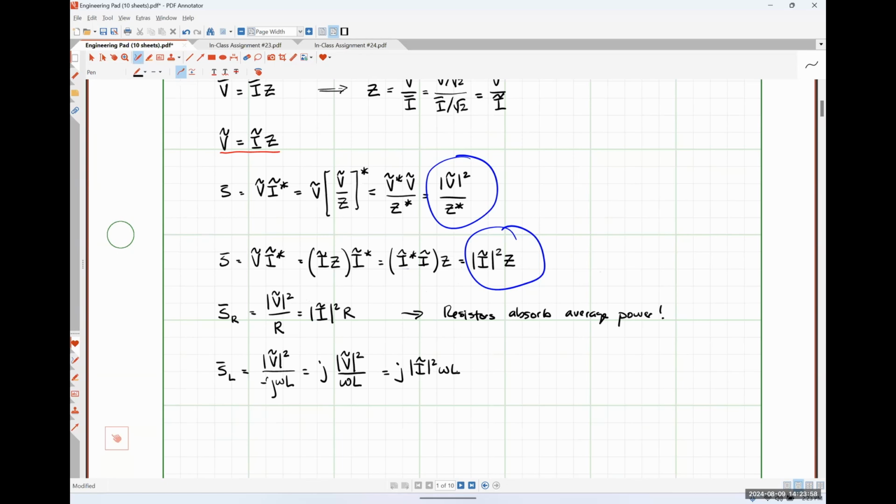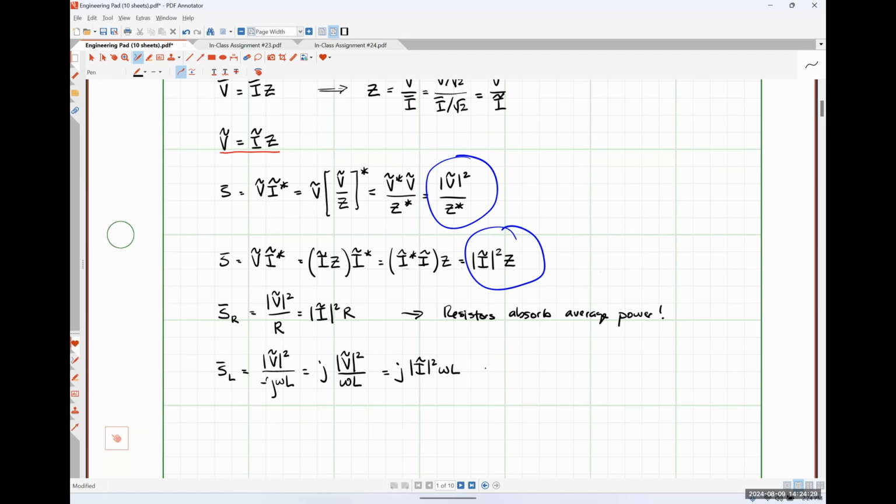Now, is it possible for us to ever get a negative number using these relationships? No, not that I'm aware of. So even if our current somehow had a negative magnitude, because we're squaring it, it's always going to be positive. The inductance value itself will always be positive, and omega, our frequency, will always be positive.